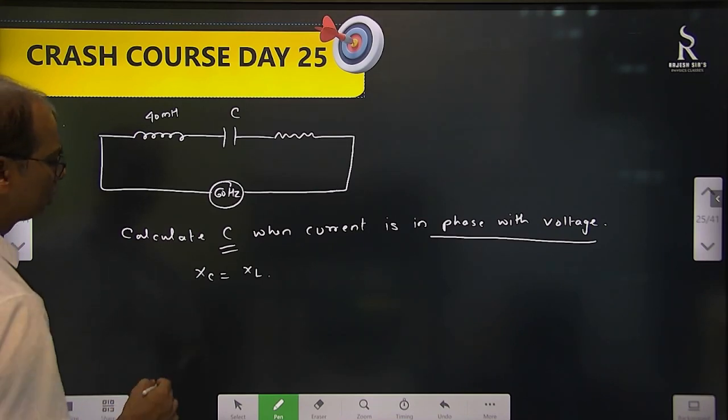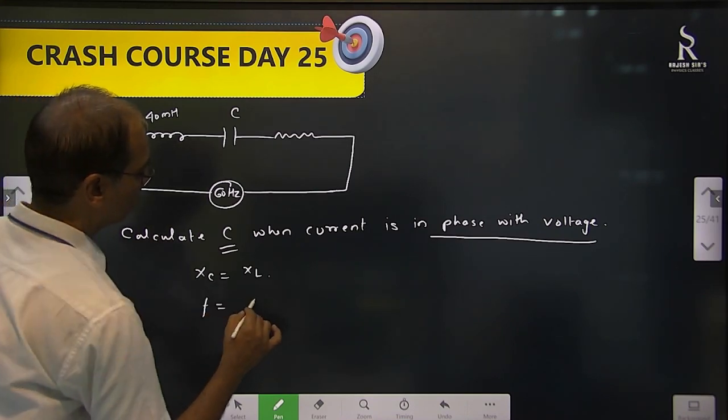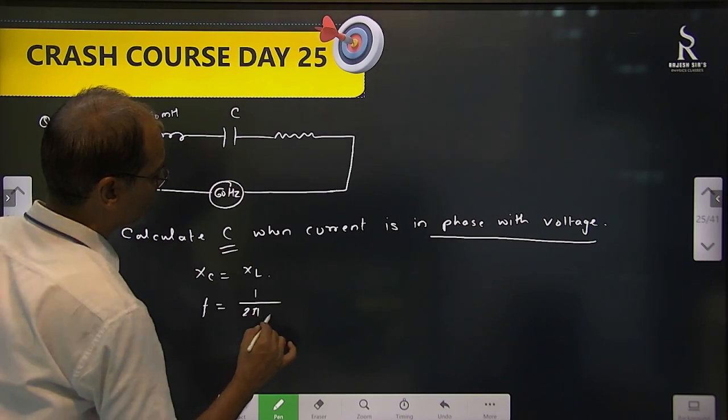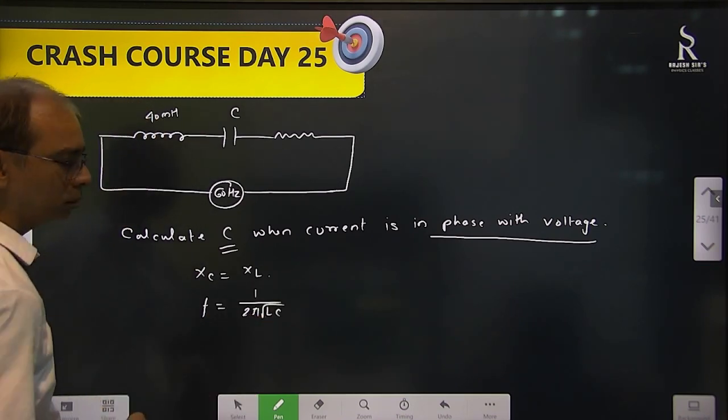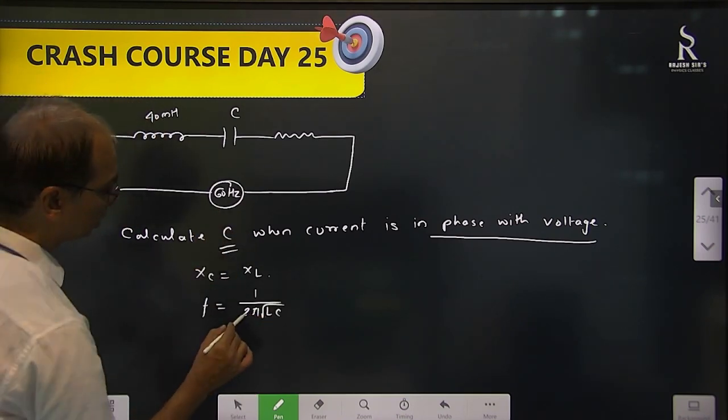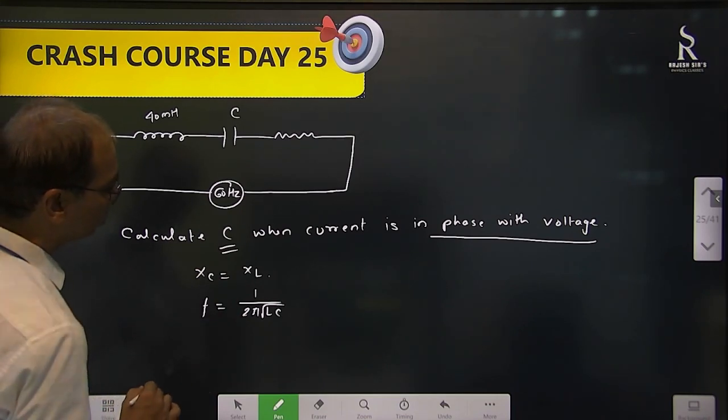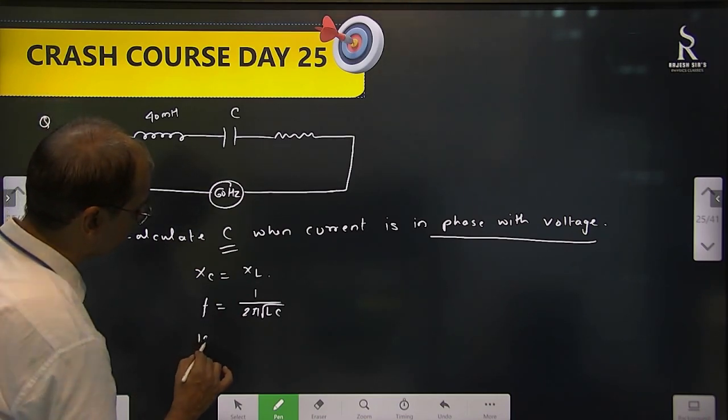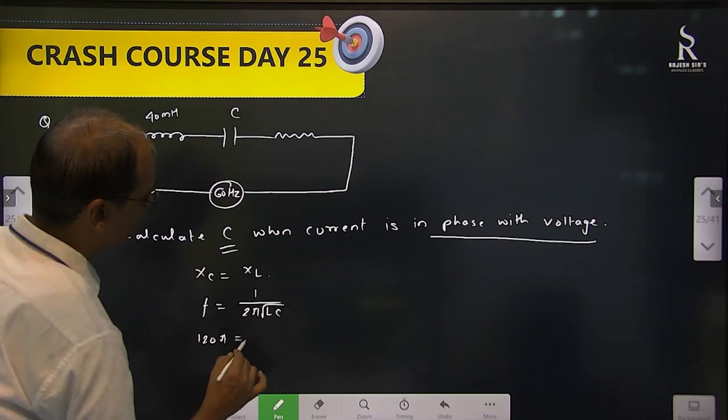So frequency equal to 1 by 2 pi root LC. What is frequency given? 60. So 60 into 2 pi, so 120 pi equals 1 by root LC.